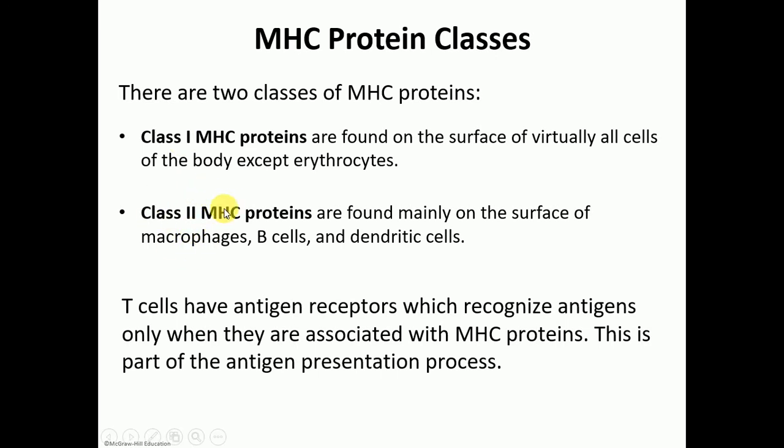While class 2 MHC is found on just a number of cells, for example, on macrophages, on B lymphocytes, and on dendritic cells. Dendritic cells are macrophages that work in the CNS. Your T lymphocytes have the ability to identify these different MHCs, and this is part of the antigen presentation process.